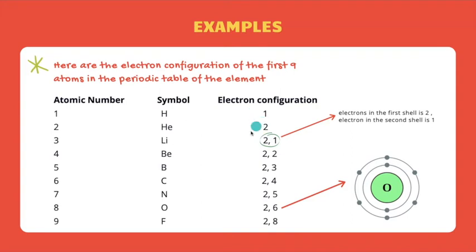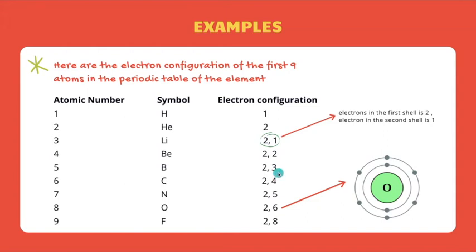If we look at a larger atom like boron, it has 5 electrons. These 5 electrons will be distributed starting from the first shell. The first shell gets 2 electrons because the maximum is 2, so we fill the first shell to its maximum, and then we move to the second shell.